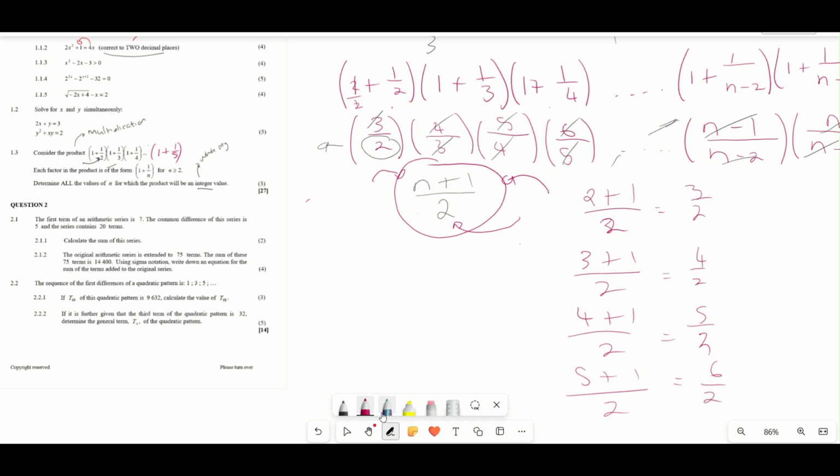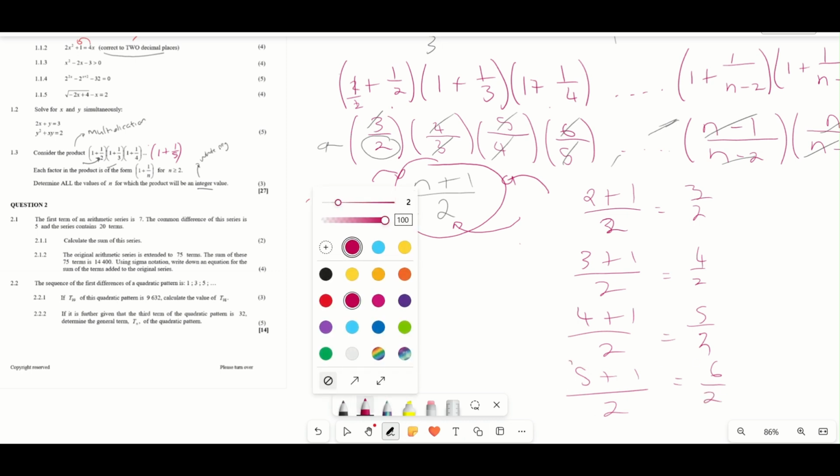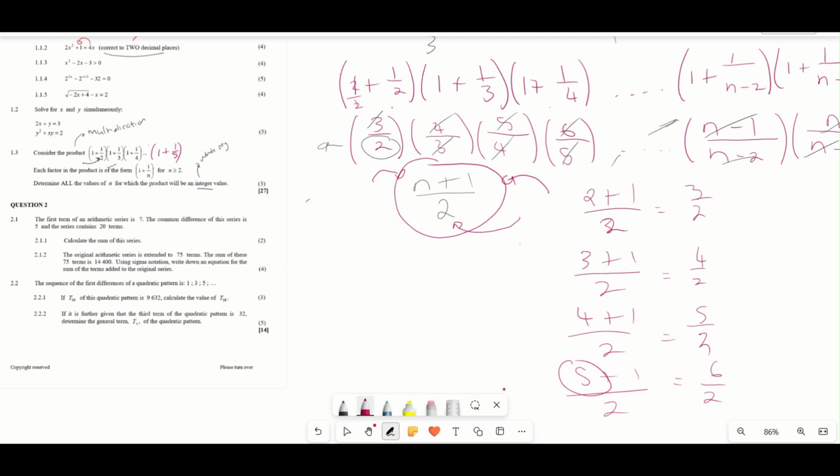So from here you can see the values that produce an even number on the numerator. They are odd numbers. So 3, since our n is greater than or equal to 2, you're going to start at 3.